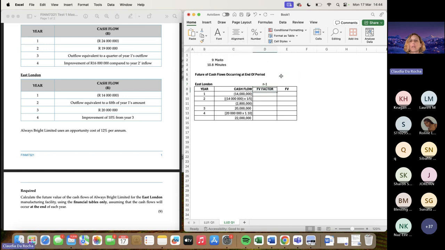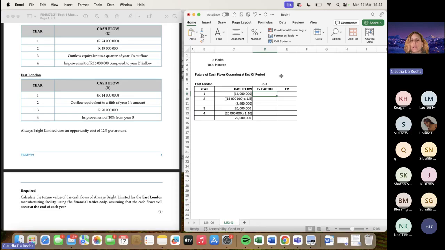Okay, so what I mean by that, it's my future value. So there's 4 years left, minus 1 gives me 3. So when I go to my table, I need to find the n of 3 with interest of 12.